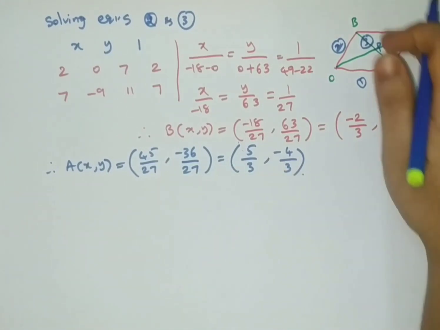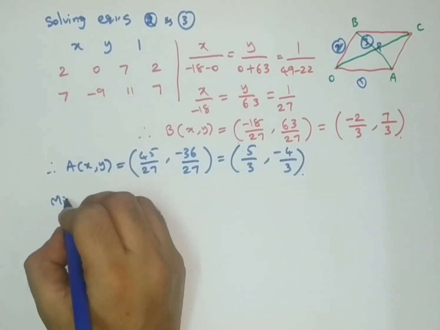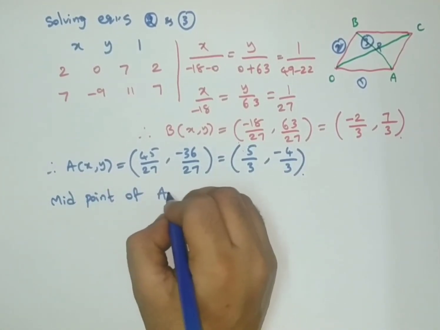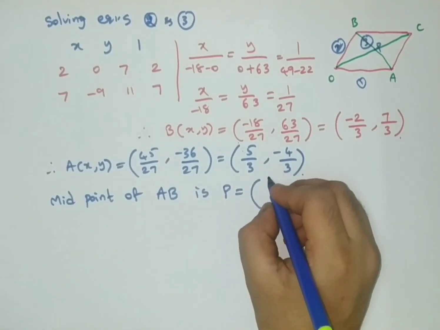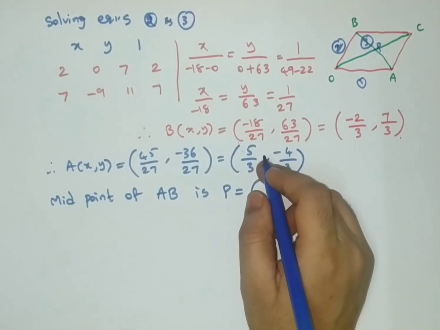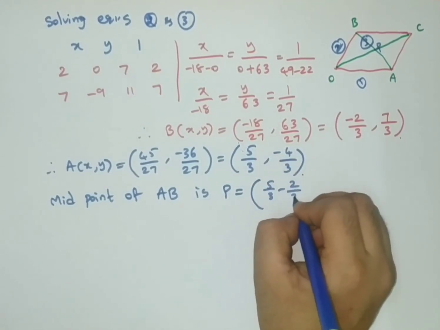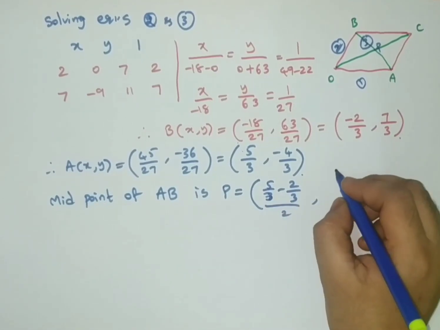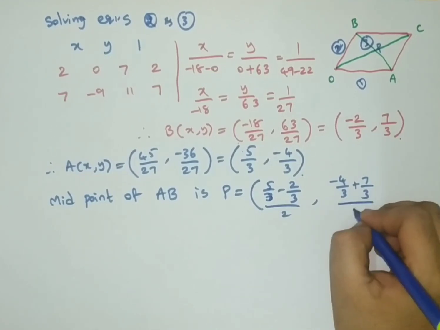So now, the midpoint of AB is what? P. So the midpoint of AB is P is equal to x1 plus x2 by 2. So that means 5 by 3 minus 2 by 3 by 2 comma minus 4 by 3 plus 7 by 3 by 2.